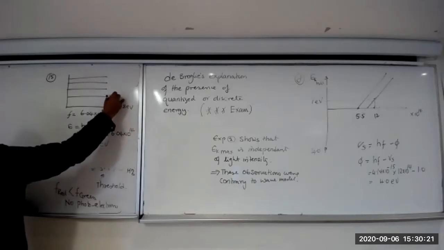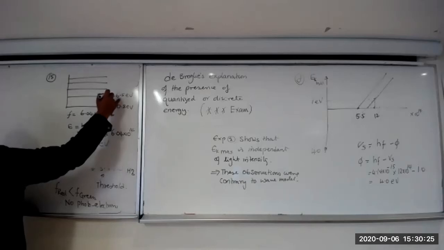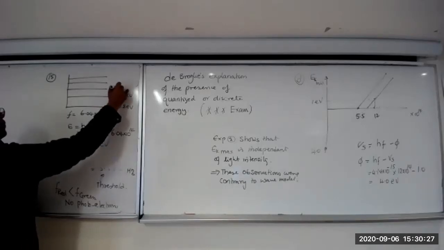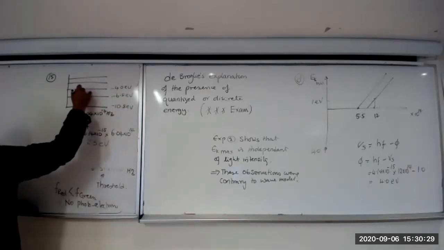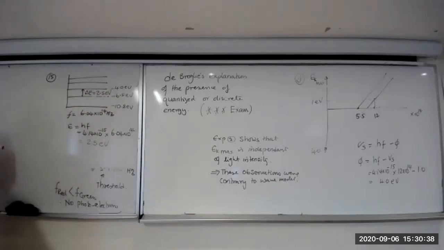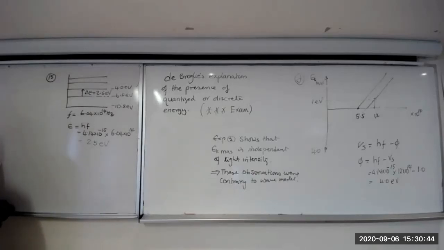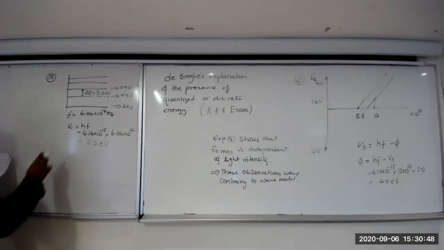This level is negative 10.8 and this is negative 6.5, so the gap of that is no way 2.5, that's 4. You can see the gap is 2.5 elsewhere. So absorption is going up, and you need to show an arrow there. Next, explain why the electron is able to exist in the energy level negative 6.5.